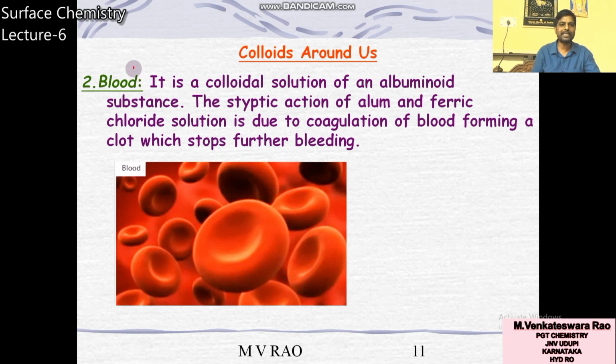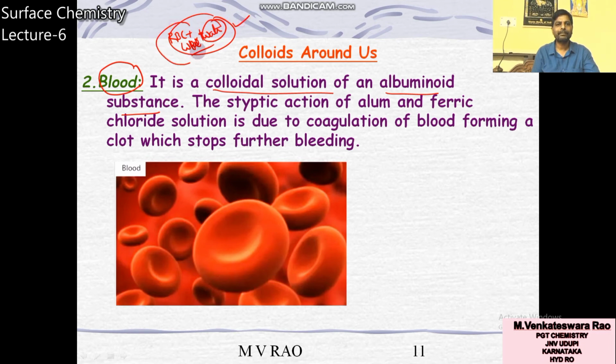Next, blood is one more colloid. Blood is a colloidal solution of an albuminoid substance, that is RBC, WBC, erythrocytes, plus some liquid water. The medium is water and the dispersed phase is RBC.